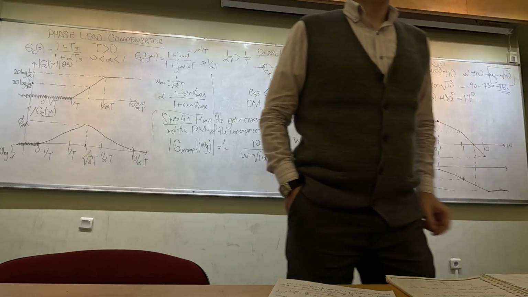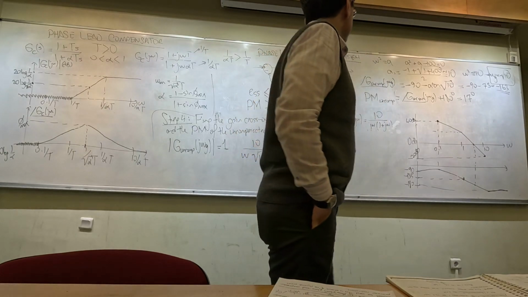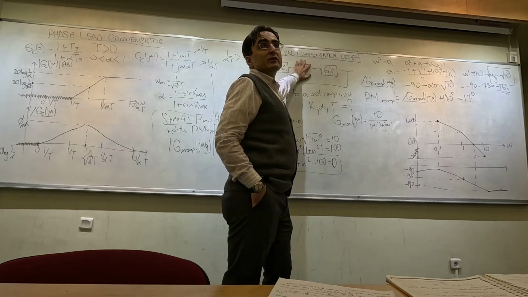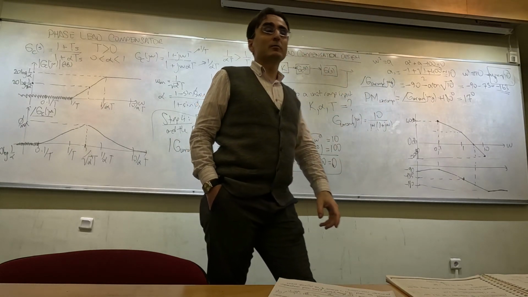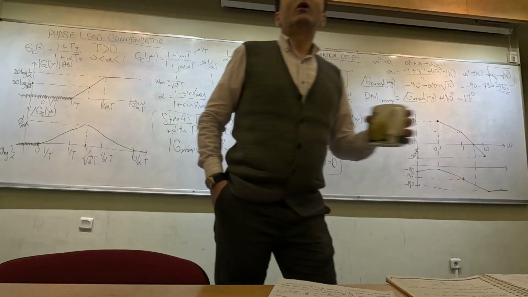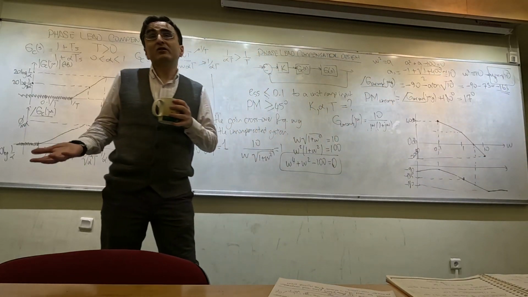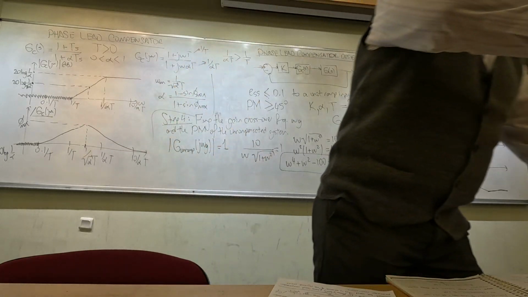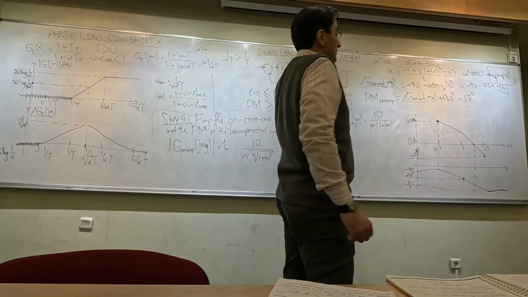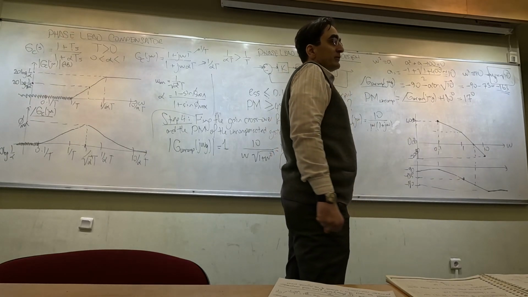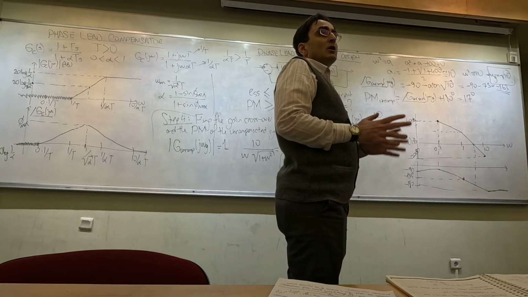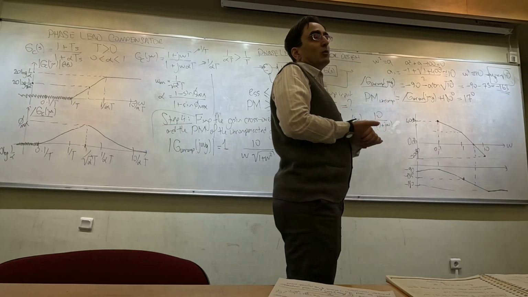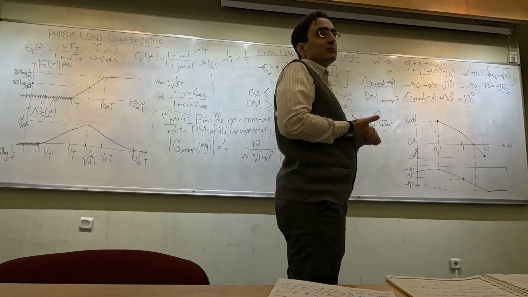What can you say about its stability? Without this compensator, is this closed loop system stable or not? It has positive phase margin, so even without the compensator it is actually stable. We are designing our compensator only for improving the performance.